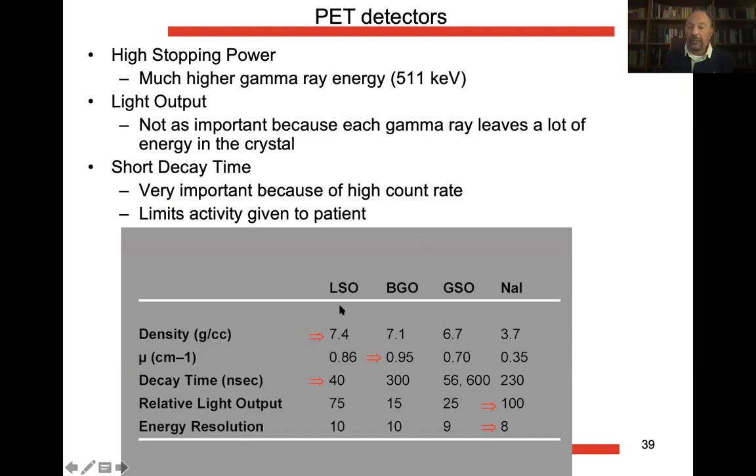And you see here the comparison of LSO, BGO, GSO, and sodium iodide in terms of density, absorption coefficient, decay time, relative light output, and energy resolution.